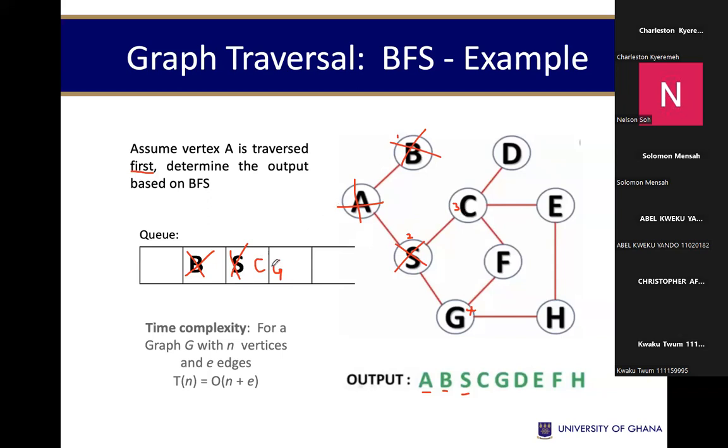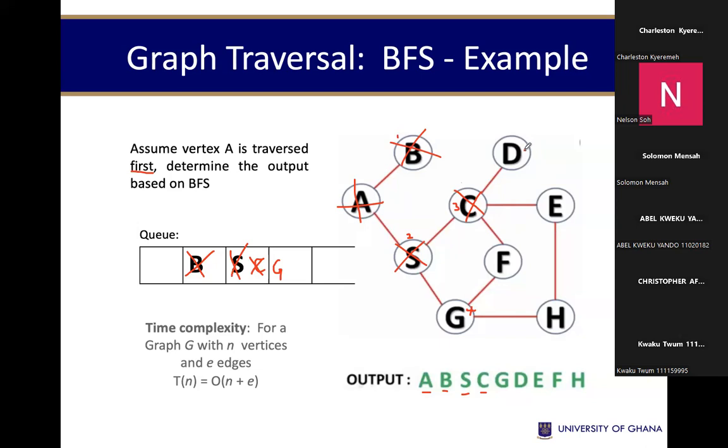So if I'm going to output C, I need to be able to know who is adjacent to C, and that is D, E, F.